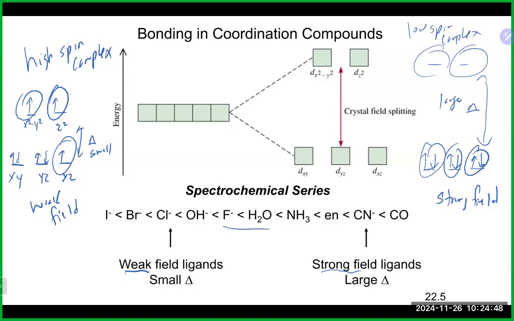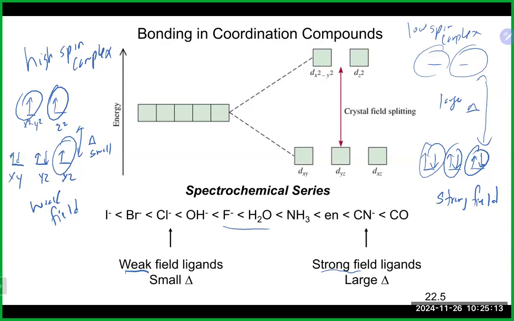They'll tell you maybe, do it for the high spin complex or the low spin complex. And in some cases, it may not make a difference. If they don't tell you it's high spin or low spin, and you're not sure what type of ligand it is, it may not make a difference because there's just not enough electrons regardless to go up or down. There's only a couple, so it really won't matter.